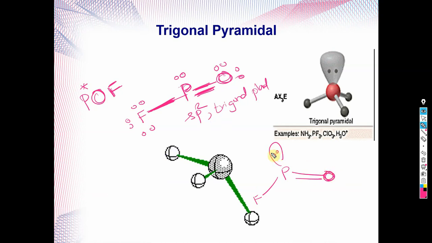But since the lone pair is not a real group, we are not going to imagine this. That means you have a bent structure. So I started to talk about this as trigonal planar so that you can see how it's very similar to nitrogen. But then, since this is not a real group, you're going to consider only these two bonds, and that is why it is a bent structure.